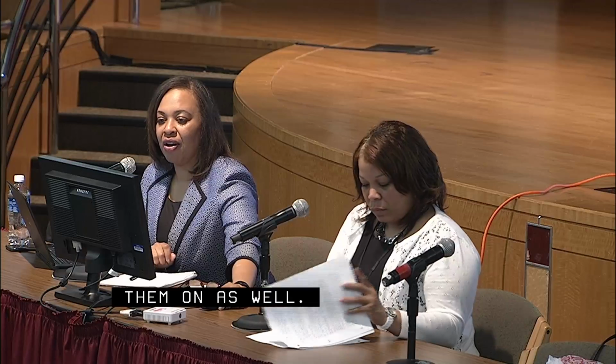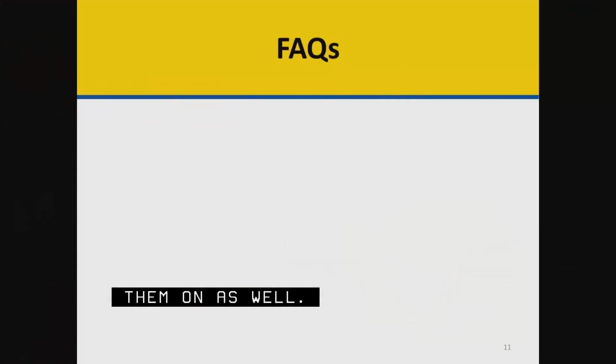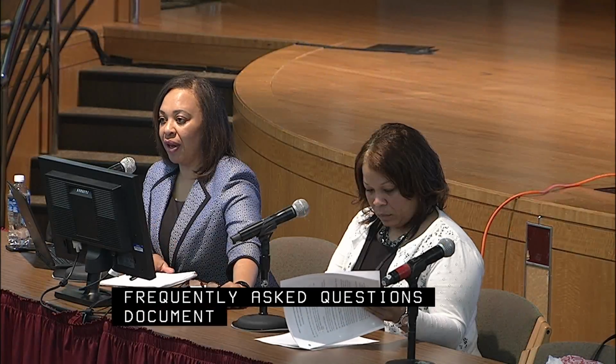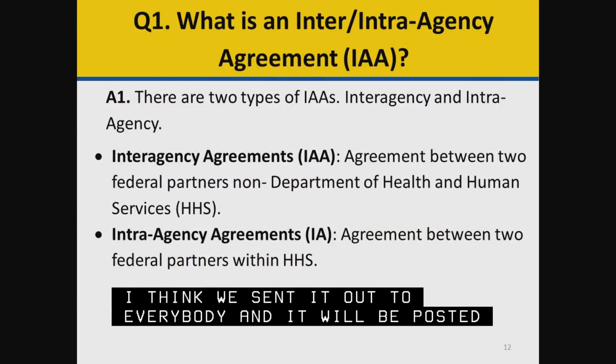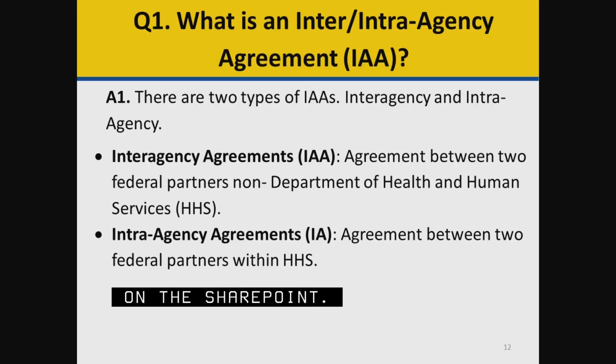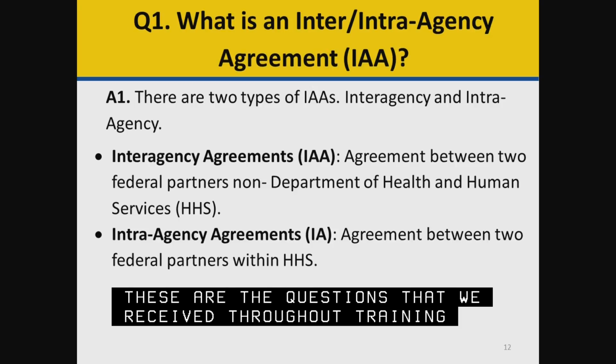The next part is the frequently asked questions document that we developed as well. That's in your handout, and I think I sent it out to everybody, and it will be posted on the SharePoint. These are questions that we have received throughout trainings, frequently asked by new and older staff.